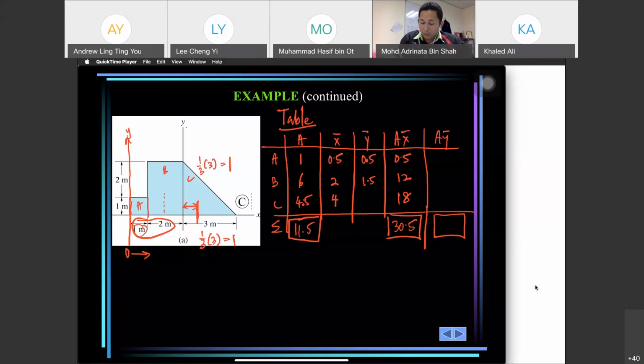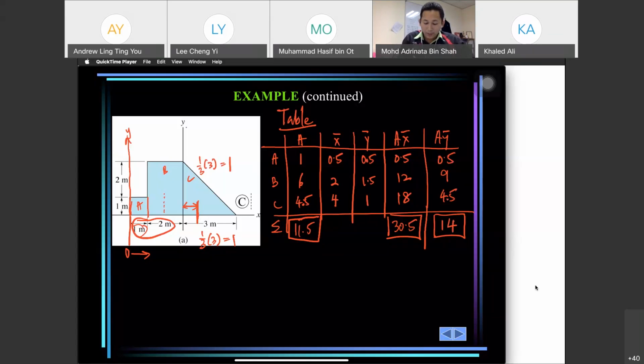So it is 1 meter for Y bar. And then we calculate our AY bar. AY bar is 1 times 0.5 is 0.5. 6 times 1.5 is 9. 4.5 times 1 is 4.5. And we got the summation is 14.